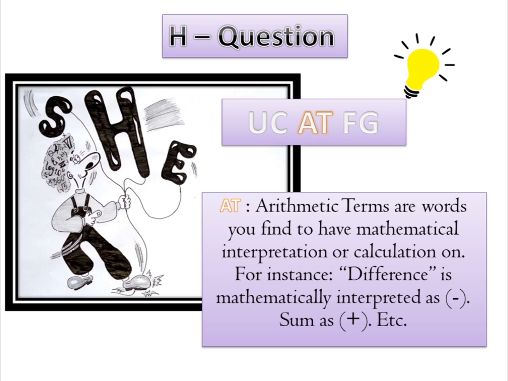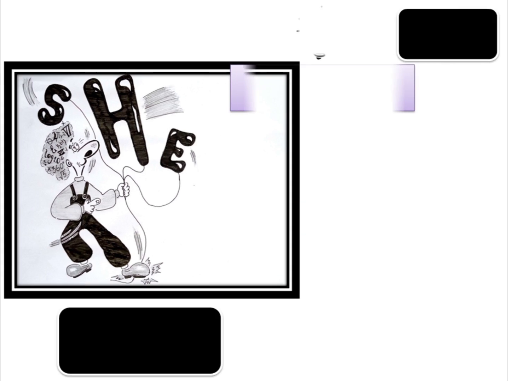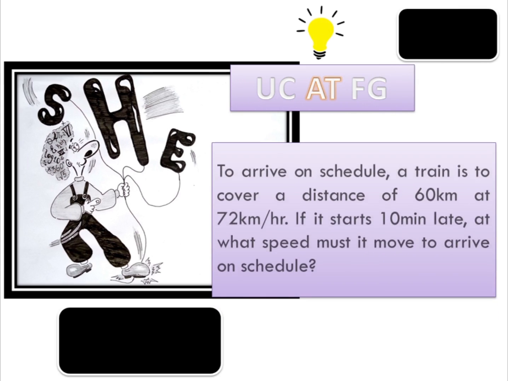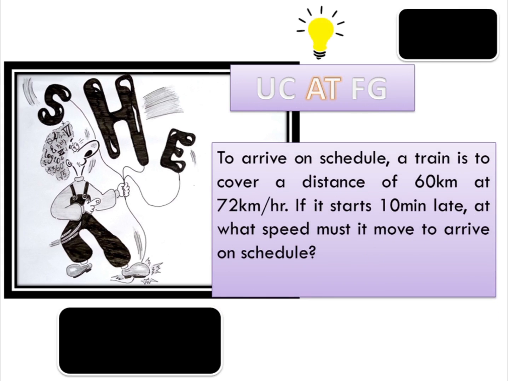For instance, difference is mathematically interpreted as a minus sign, and sum is mathematically interpreted as addition sign, right? So let's see what arithmetic terms we have in the question. Remember, arithmetic terms are to be mathematically interpreted, right?